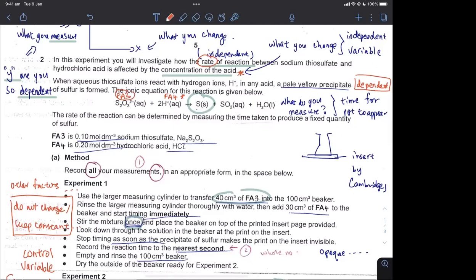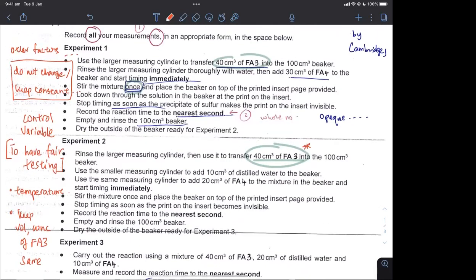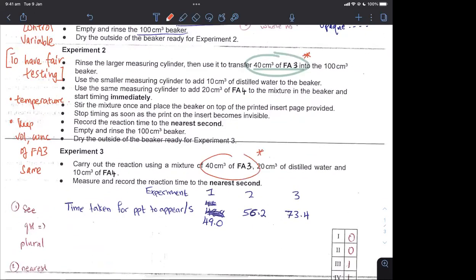You want FA3 to remain constant because you're not trying to investigate what happened to FA3. So keep the volume, keep the concentrations of FA3 the same. And that is the reason why FA3 is 40 cm cube, 40 cm cube, 40 cm cube, because we are not changing that. What are we changing?